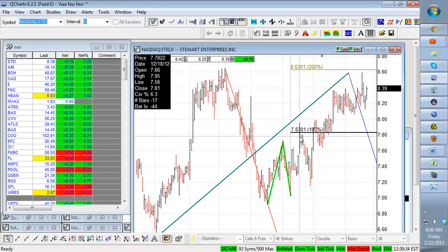Some people like to take profit at 90%, and that works pretty well in some corrections, but for the most part that's just a way to not necessarily do as well. In most cases it'll go up to the 200% area.